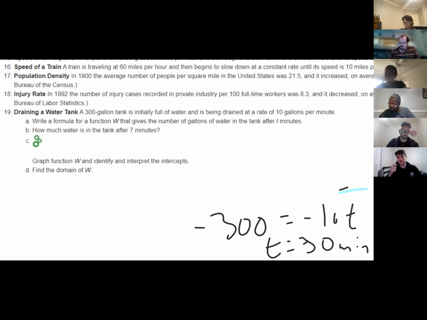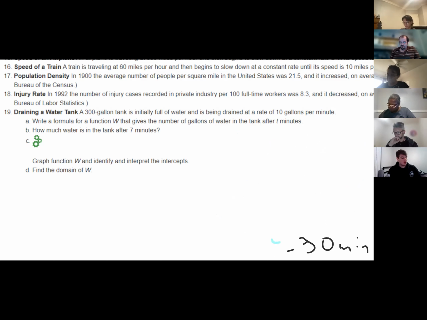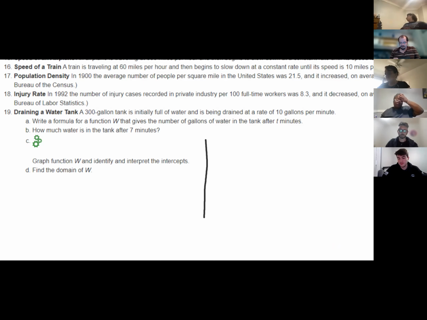And so if I want to draw a graph to represent this, I have an x, I have a y. If I'm working with something in reality, I know I'm not going to go to negative gallons. I know I'm not going to go into negative time.